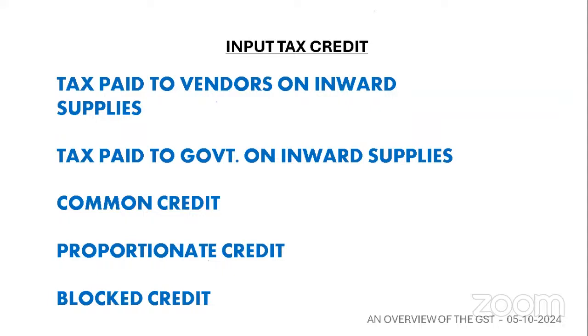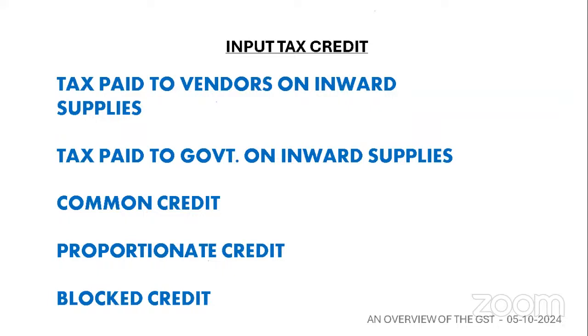It is a credit for the taxes paid by me to my suppliers in respect of inward supply of goods and services which are used by me for outward supply of goods or services, or the goods and services which I received from the vendors. I'm going to use them in my business.